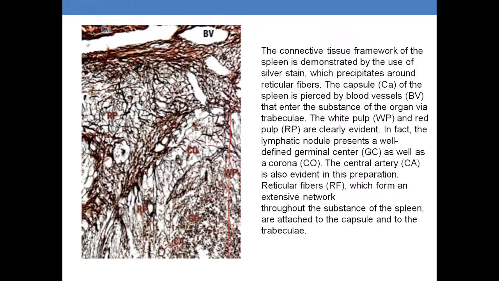In fact, the lymphatic nodule presents a well-defined germinal center as well as a corona. The central artery is also evident in this preparation. Reticular fibers, which form an extensive network throughout the substance of the spleen, are attached to the capsule and to the trabeculae.